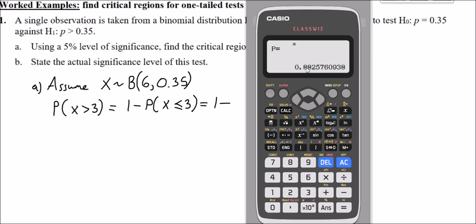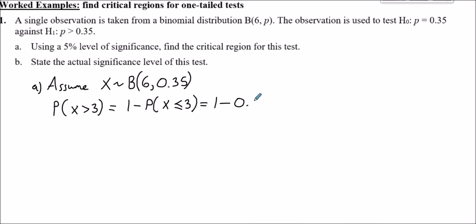That's 1 minus 0.8826, which gives us 0.1174. And like I said earlier, that's not going to be significant. This is about 12%, which is greater than 0.05. Hence, that's not significant yet.